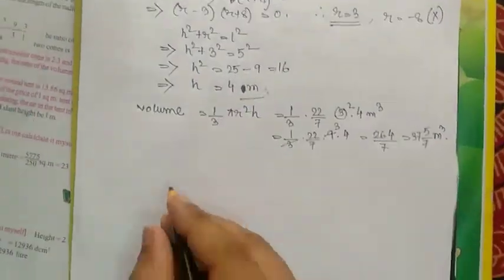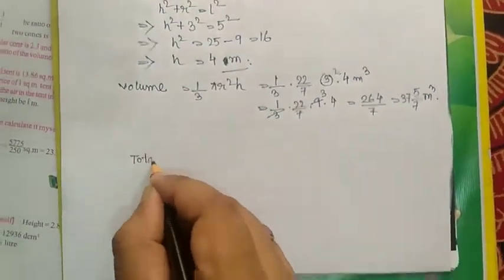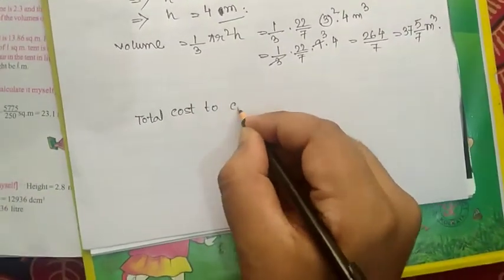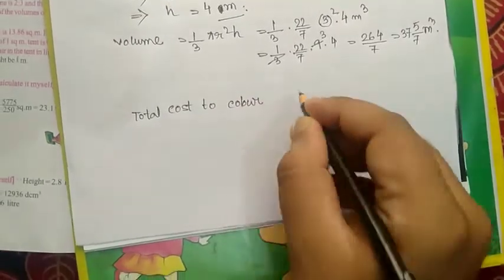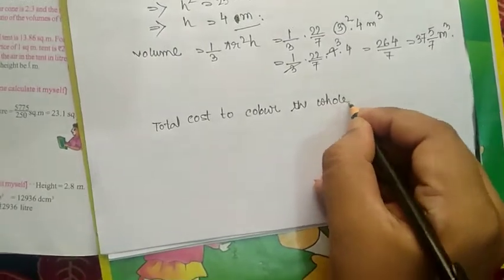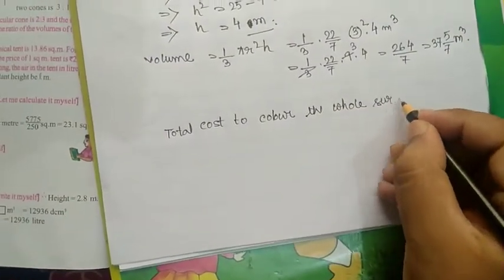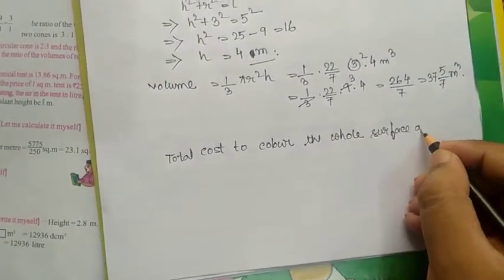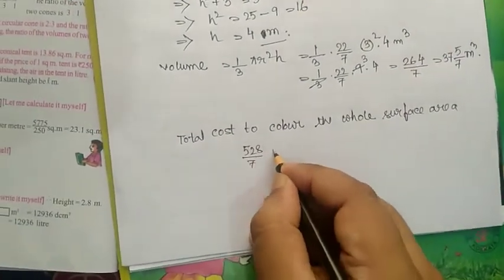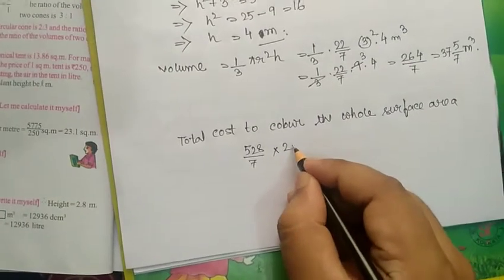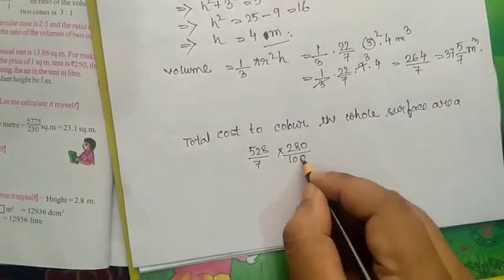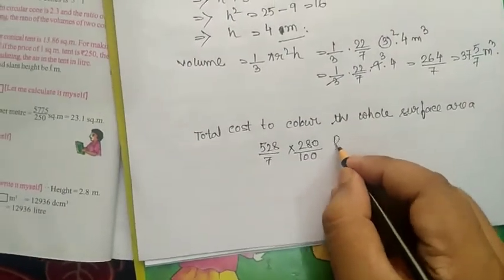So total cost to color the whole surface area is 528 by 7 into 2.80, means 280 by 100 rupees.